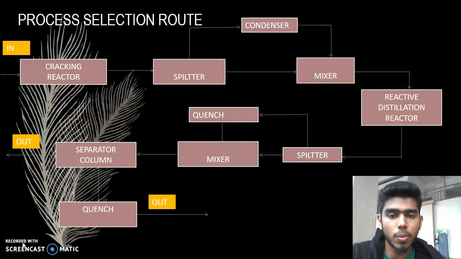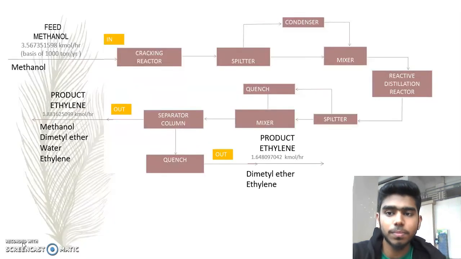The top stream enters a quench and comes back to a mixer, and another stream from the splitter goes directly into a mixer and then into a separation column. In the separation column, one output comes out, and another output goes up to the quench and comes out from the quench.